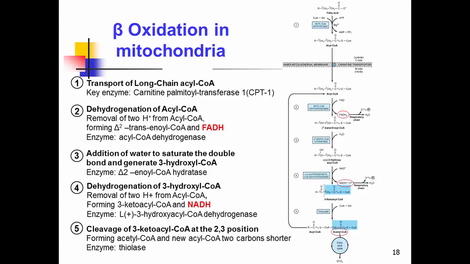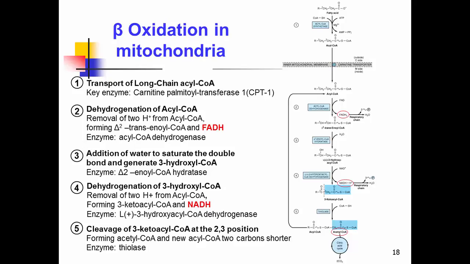So basically remove the 2 hydrogens from the acyl-CoA molecule and form delta trans enoyl-CoA, and also generating 1 FADH, a reducing equivalent. And then the second, you don't have to remember the enzyme that catalyzes this specific reaction, but this reaction is called acyl-CoA dehydrogenase.